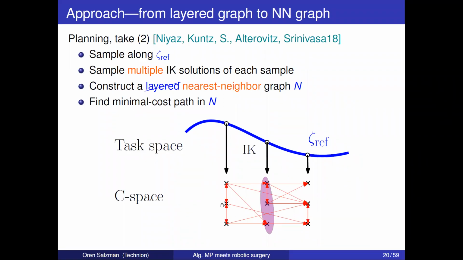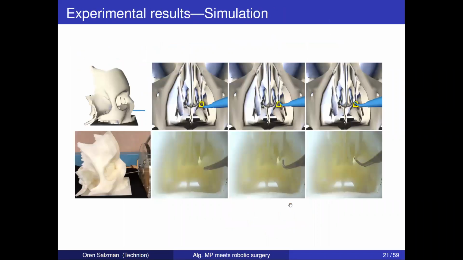This allows us to bypass points that are not necessarily in subsequent layers. And this very small modification allowed us to solve the problem for a medical domain.